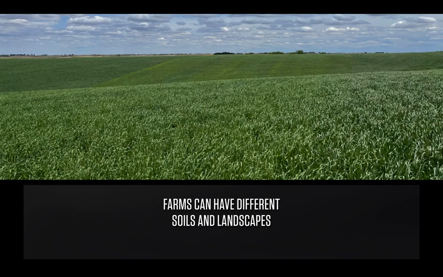Farms sometimes look like this, where we can have different soils and different landscape positions across or between fields of a farm. And so the low-lying areas or the high hills will behave differently and they will grow a different crop. So how do we account for all those factors that are affecting how the crop will grow?